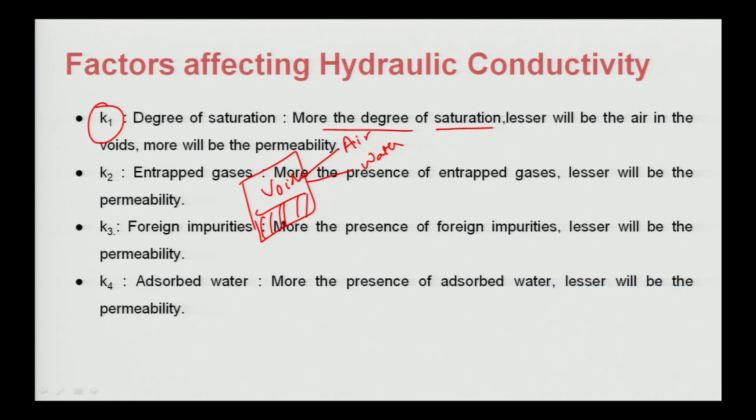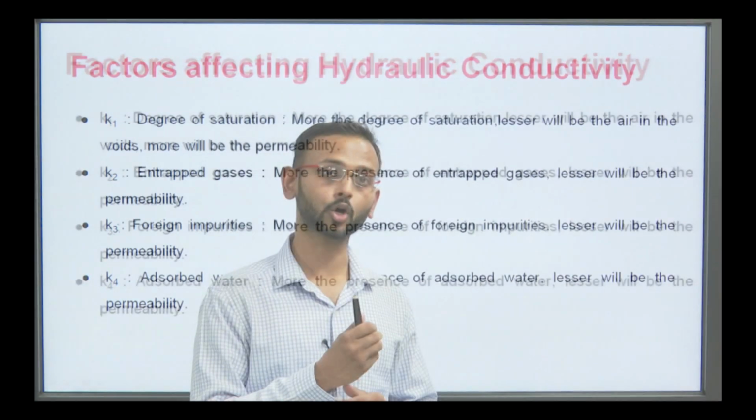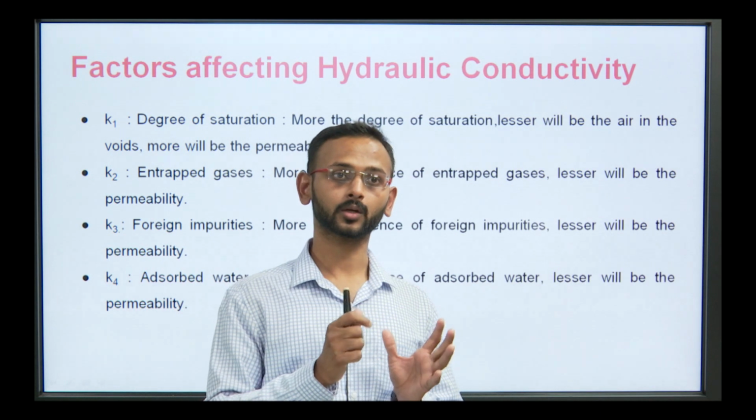So, understand the next point here: when we talk about the entrapped gases, just as air was blocking the way in the previous case, similarly here the entrapped gases, if they are more, then the permeability will be lesser, because they will be blocking the way.